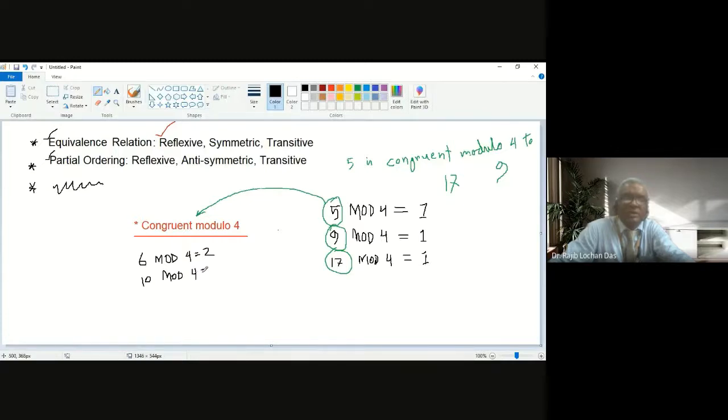So you can say 6 and 10 are congruent mod 4 numbers. Is that okay? Do you understand now? 6 and 14 are also congruent mod 4 numbers because they give you the same answer. Is that clear or not?